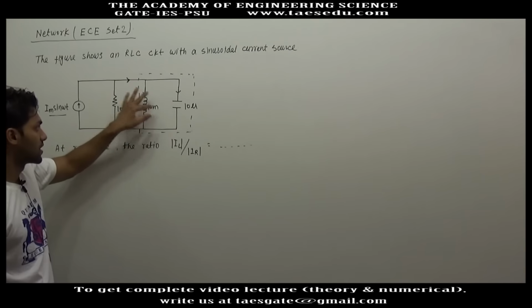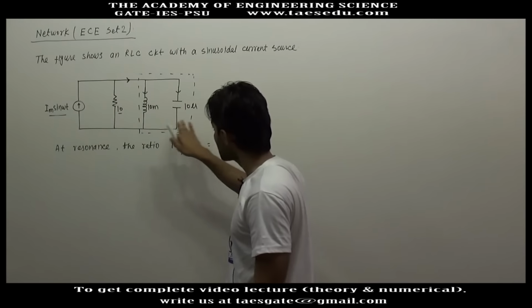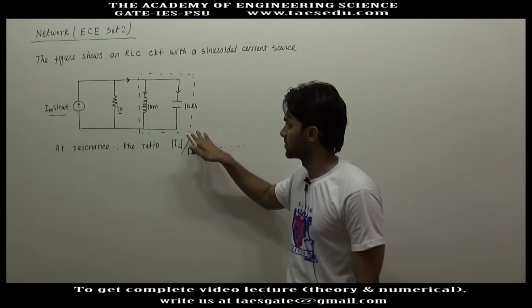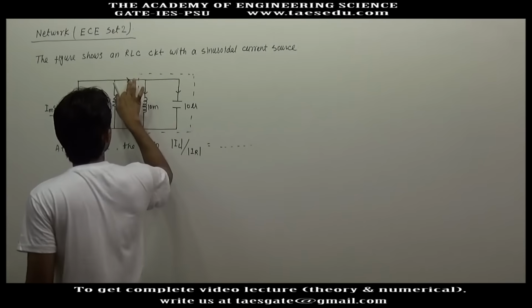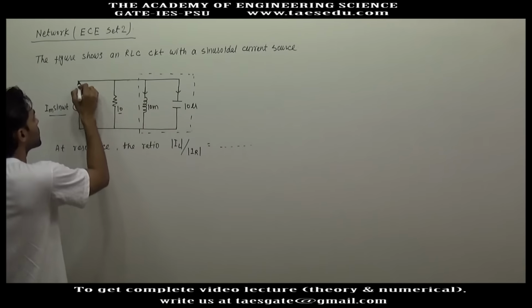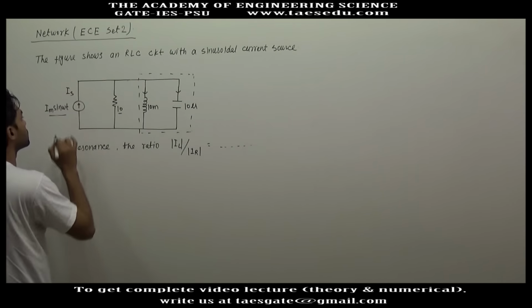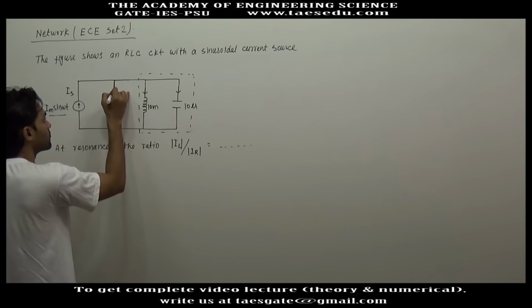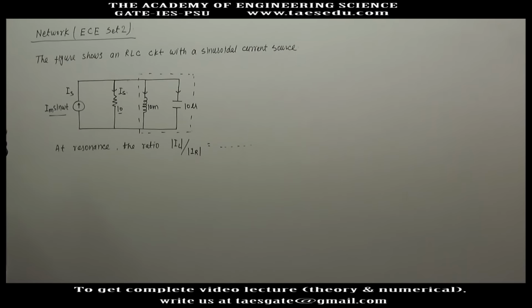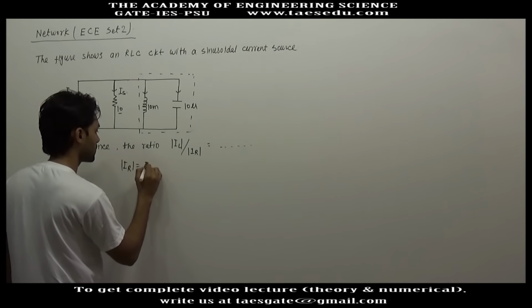There will be inductor current and capacitor current, but they will cancel each other exactly. So equivalently no current will come from the source. So whatever current is supplied by the source, let's say this current is Is, the source current, this current will flow through the resistance of 10 ohm. So the magnitude of the resistance current is Is.